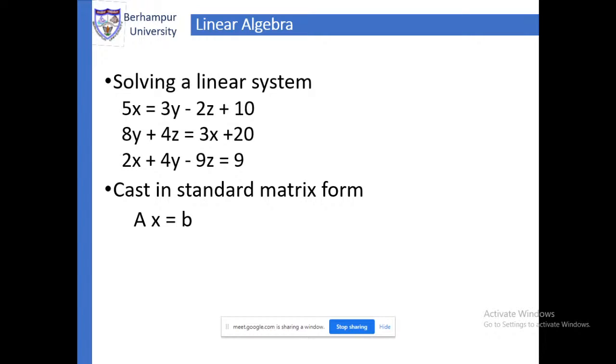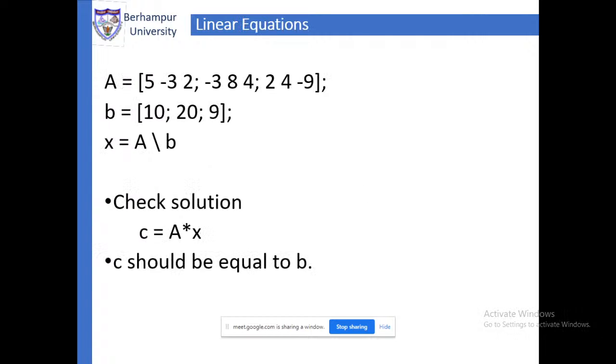Then for the matrix A, we will have the coefficients 5, minus 3, 2, minus 3, 8, 4, 2, 4 and minus 9. So now how to do that? Let us say we are finding out A matrix. It is a 3 cross 3 matrix because we have 3 rows and 3 columns.